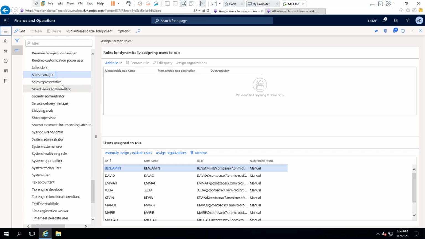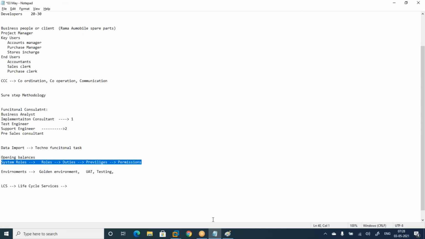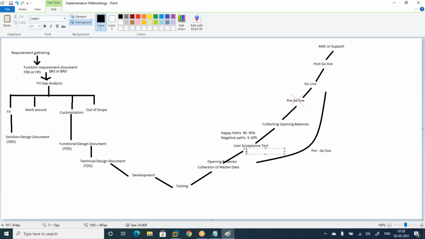Suppose we are implementing for Rama Enterprises, so RE is the name: RE sales manager. In that you can modify whatever you want. You need to give only that specific user's permissions, not system administrator permission.